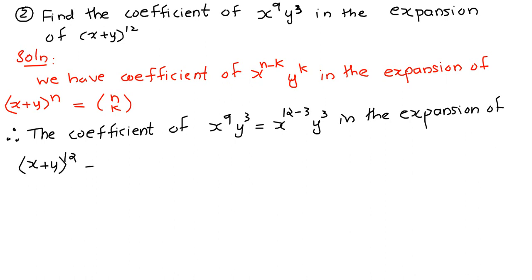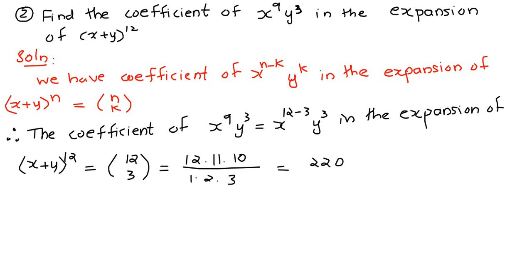Here n is 12 and k is 3, so 12C3. What is 12C3? 12 into 11 into 10 divided by 1 into 2 into 3, which is 220.